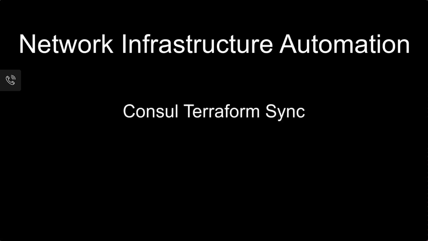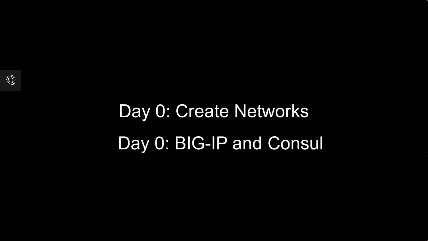Hello, in this demo, we're going to be looking at network infrastructure automation with HashiCorp Consul-Terraform-Sync and F5 BigIP's automation toolchain. In this demonstration, we'll look at day zero operations of creating a network and deploying BigIP and Consul services.